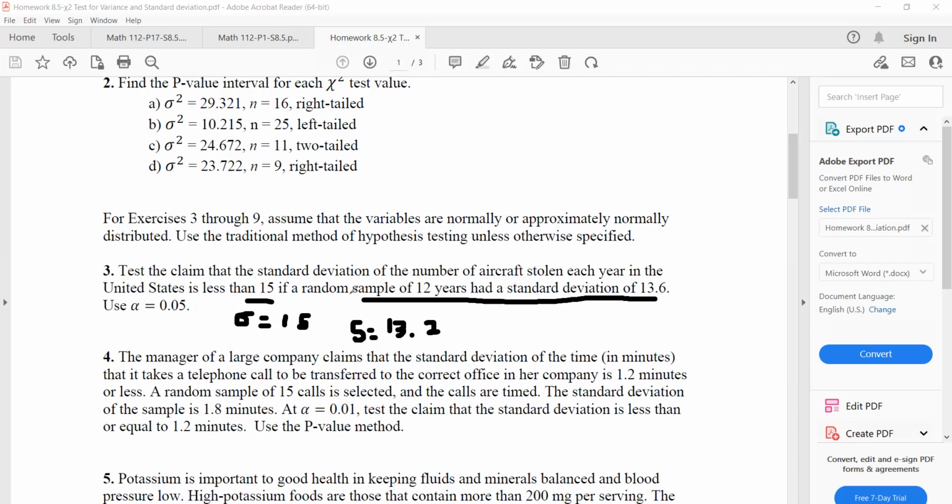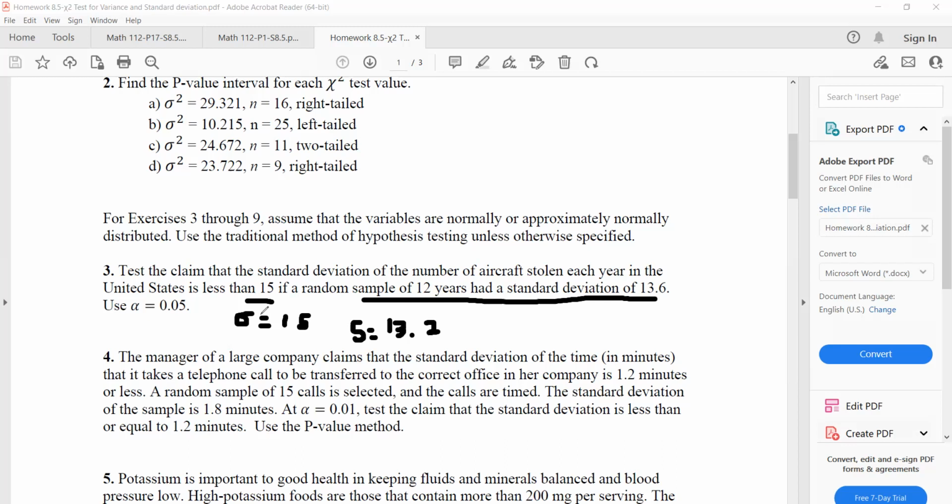If it's a sample standard deviation, it's S. If it's a population standard deviation, it's sigma, and it goes in your null hypothesis. But to answer your question, the sigma will be given to you in the claim, whatever the claim is. So like here, sigma is 15.